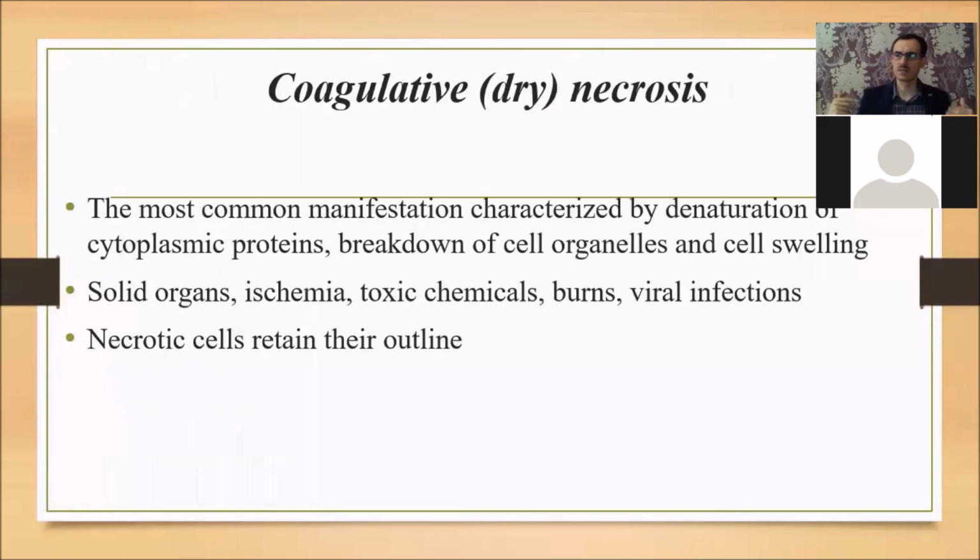If you remember, we discussed the intracellular degenerations. Do you remember the hyaline droplet degeneration, the hydropic degeneration, and the squamous degeneration? During the hyaline droplet degeneration, we said that this is an irreversible process, and it results in coagulative necrosis, dry necrosis.